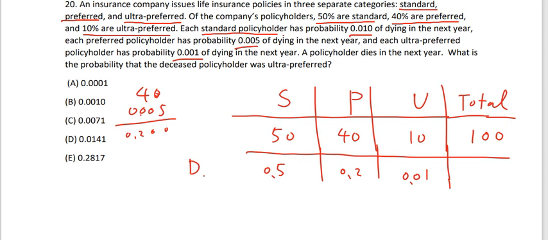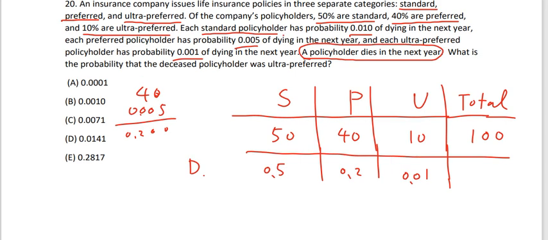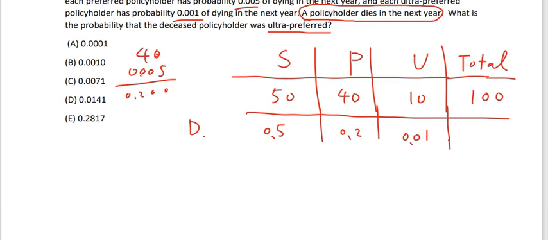Okay, so the question is, from the people who died, what is the probability that the one who died was from this part? So we can say the deaths are 0.5 plus 0.2 plus 0.001, and this one comes over all.